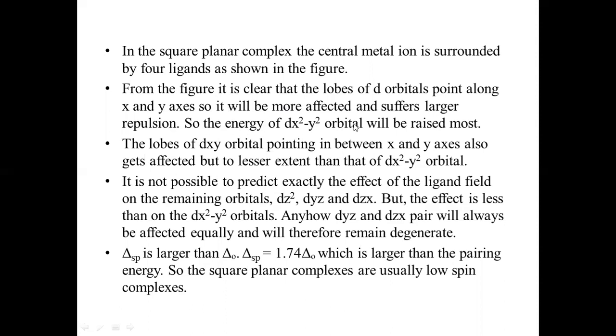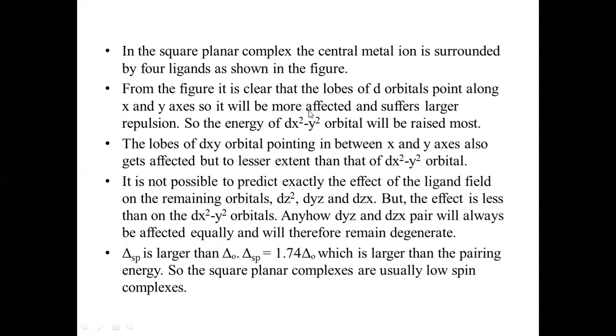So the energy of the dx square minus y square orbital will be raised most. The lobes of the dxy orbital, pointing in between the x and y axis, also get affected, but to a lesser extent than the dx square minus y square orbital. Okay, so that is how it is.